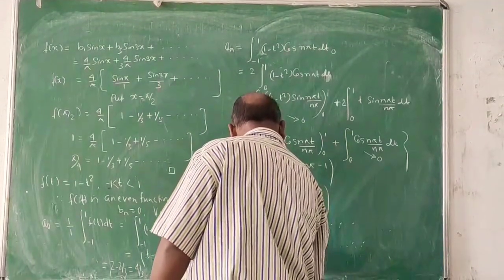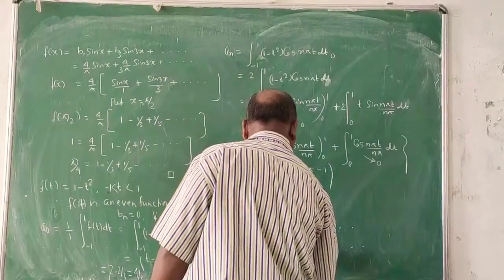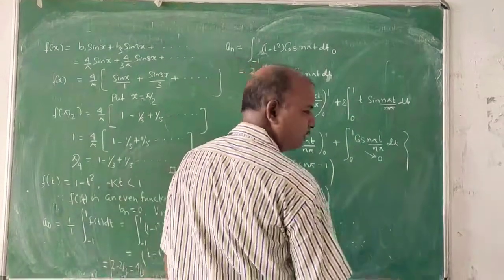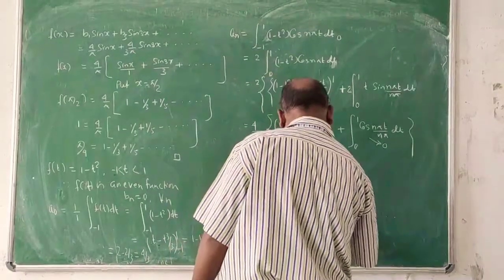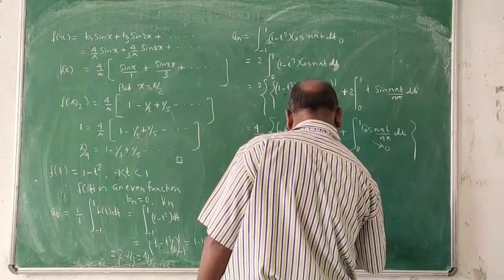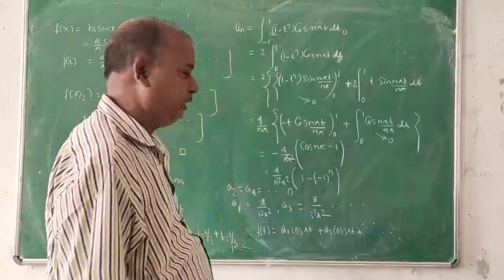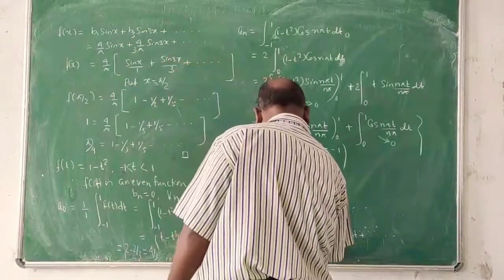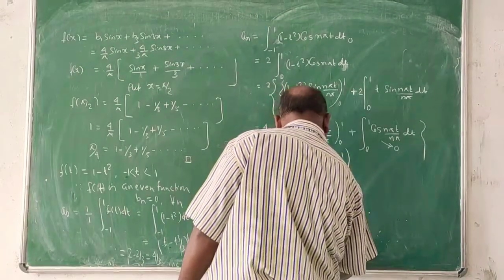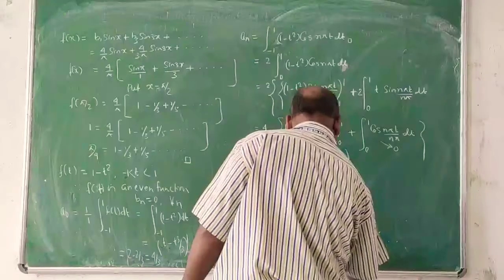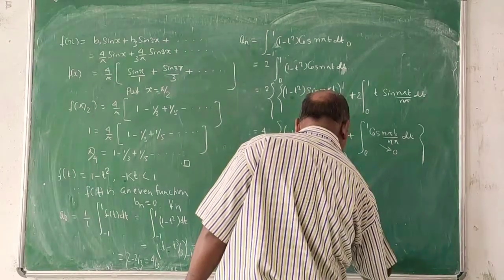f of t is a1 cos of n pi t by C. C you have taken 1, that is cos of pi t, plus a3 cos of 3 pi t, is it not? This way go on, continue. Substitute the values of a1 here. This is 8 by 1 square into pi square cos of pi t, 8 by 3 square into pi square cos of 3 pi t.